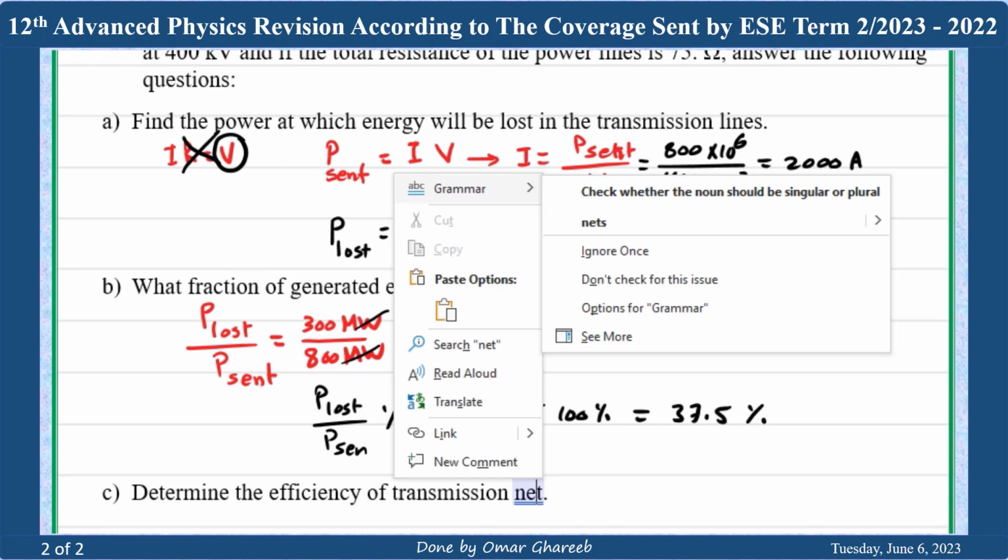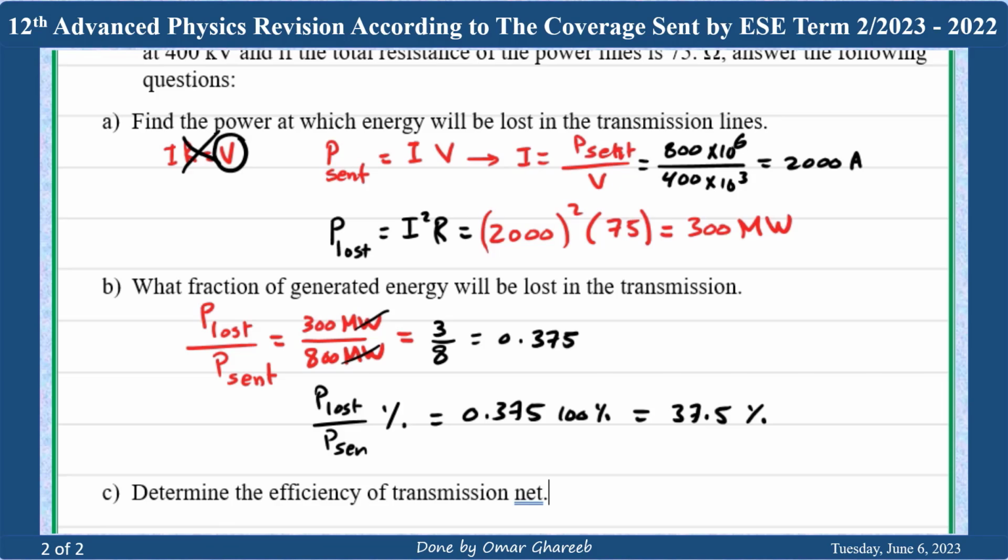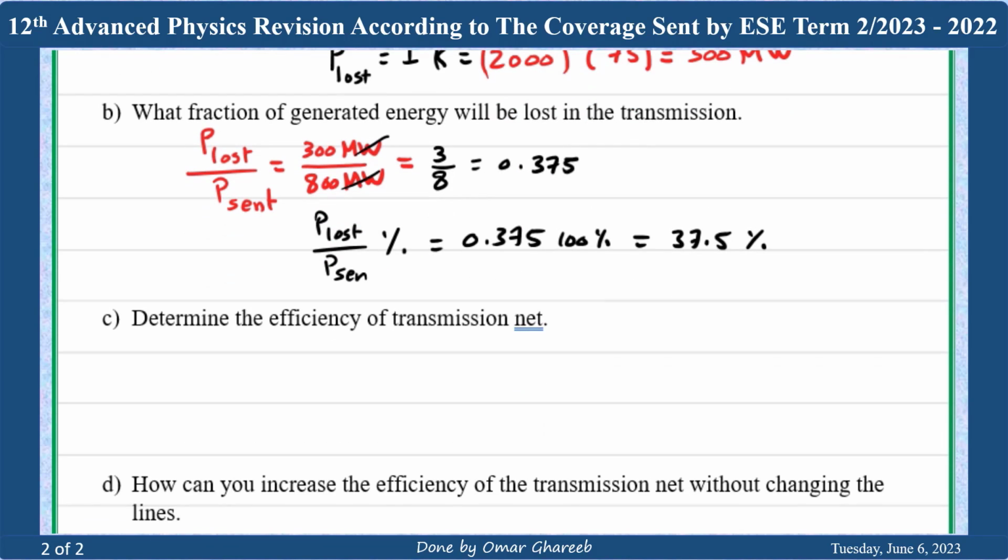Determine the efficiency of the transmission net. We have two ways to find the efficiency here. Efficiency equals P lost by P sent percent. This amount should be subtracted from 100% because the total is 100.